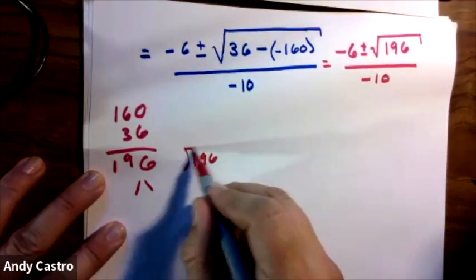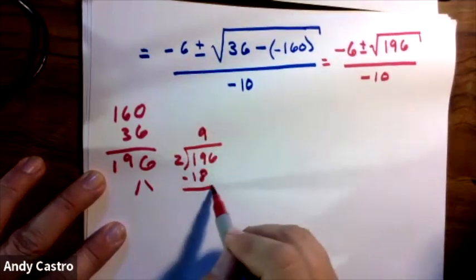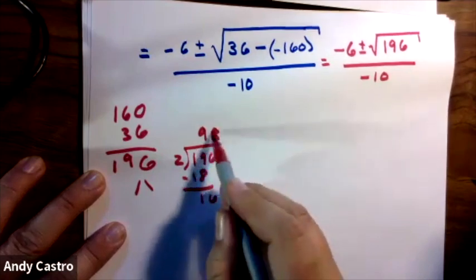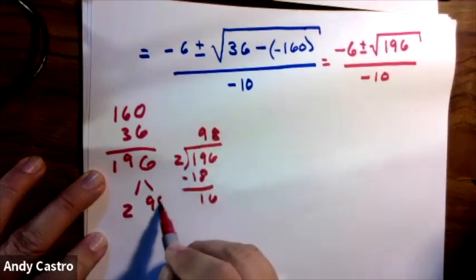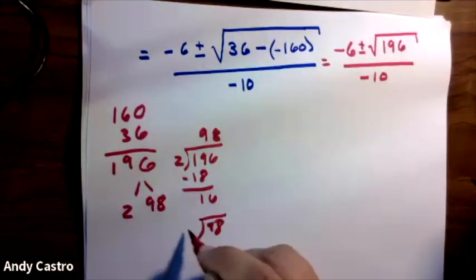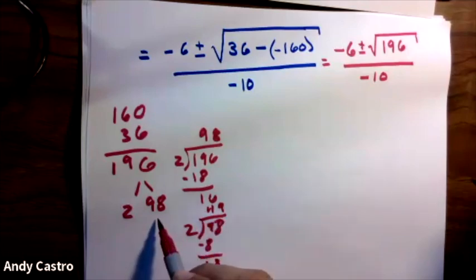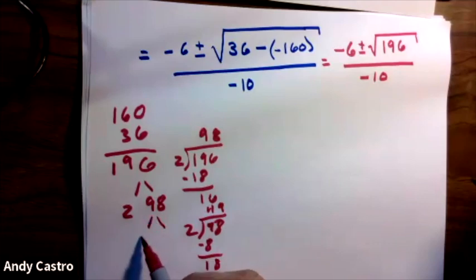So 196 divided by 2 is 98, and 98 divided by 2 is 49.